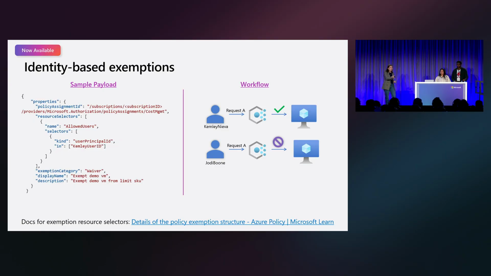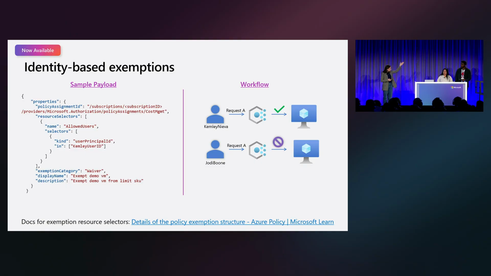But to give a little more detail on this specific example, you can see here that I have a policy assignment, and this is a snippet from a broader policy that's intended to limit the high-cost SKUs that developers in my tenant are able to deploy. When I tried to make that request, it was blocked by policy because my principal ID is not within the exempted selector.